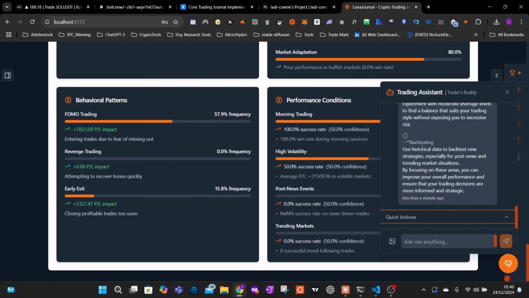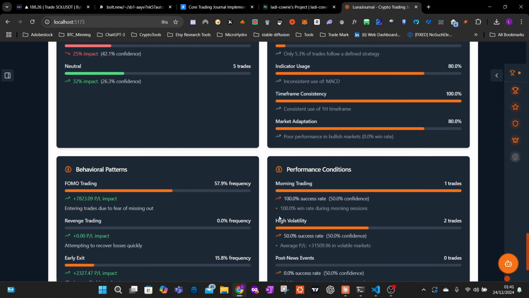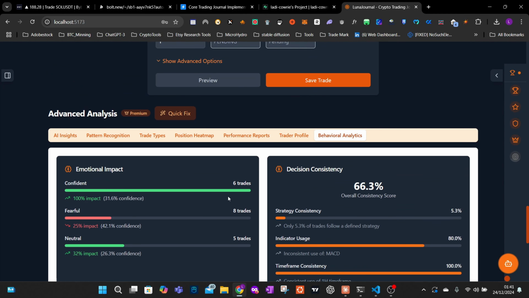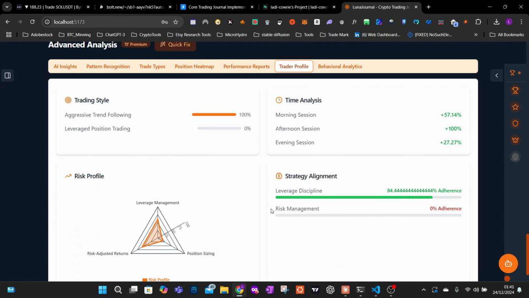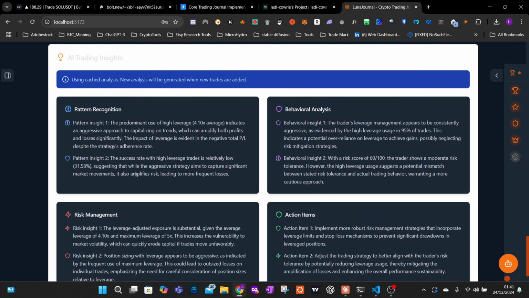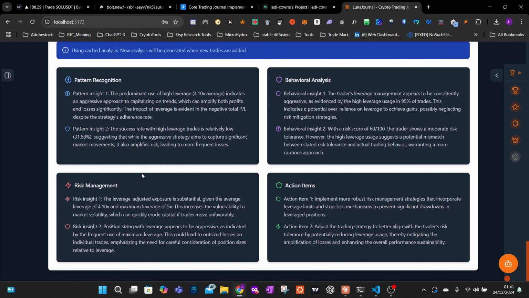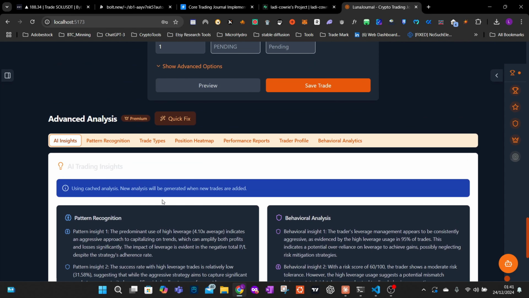You'll be able to get recommendations on how to improve your trades based on the behaviors inferred, your trading style. I'm still focused on this for now. We'll get to all the other ones, including the AI insights.